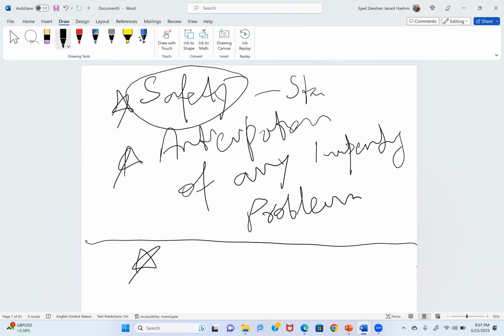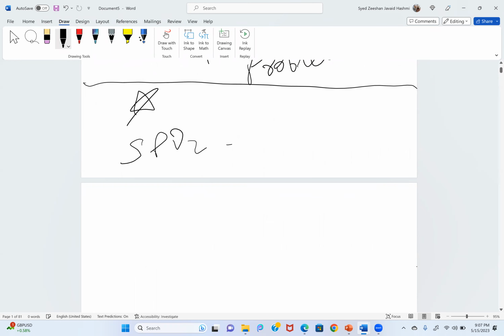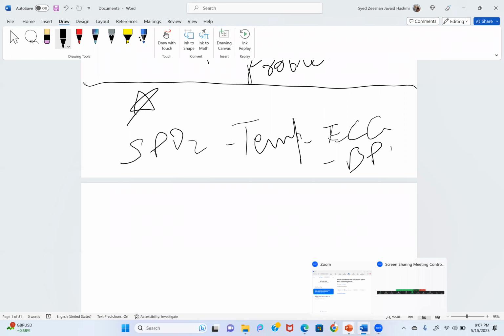So safety will be with standard one and standard two. Everyone knows about it as SpO2, temperature, ECG and blood pressure. If we go a little deeper, what other monitoring can be used?